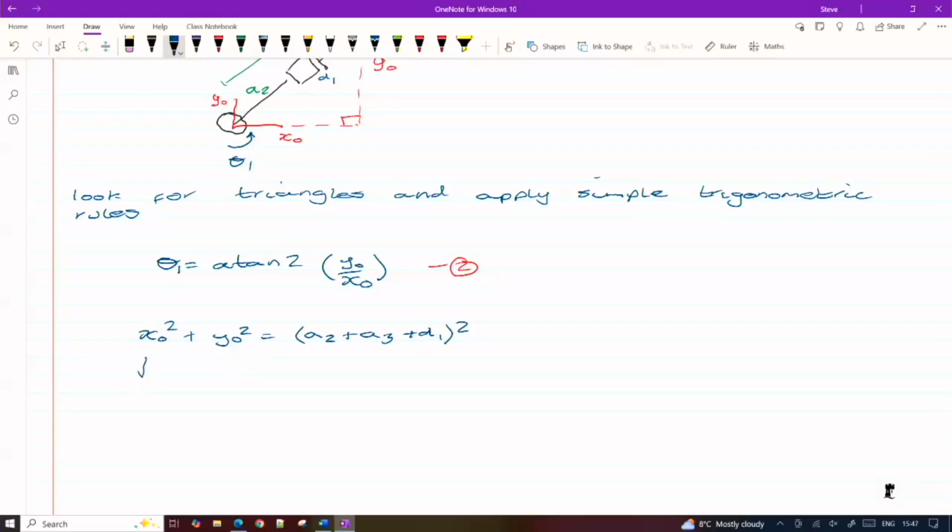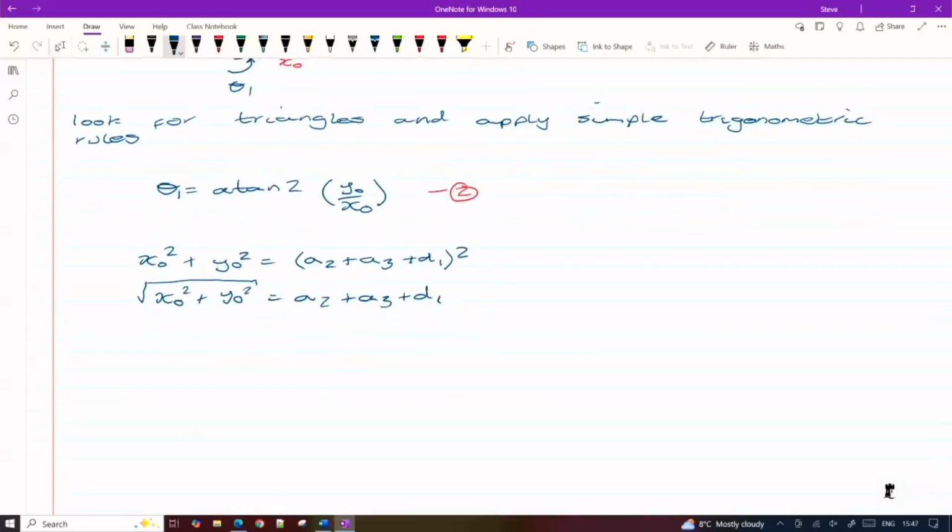And then we just manipulate that. And that gives us our third equation that gives us our full solution in effect.